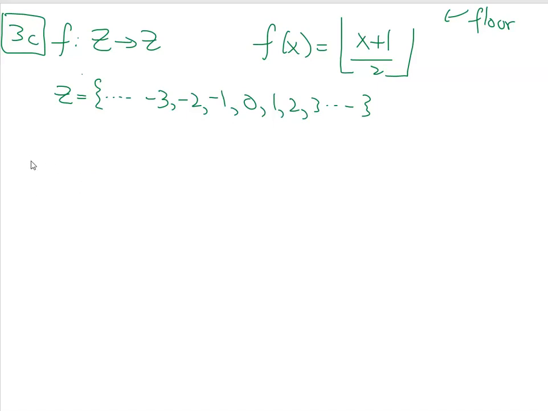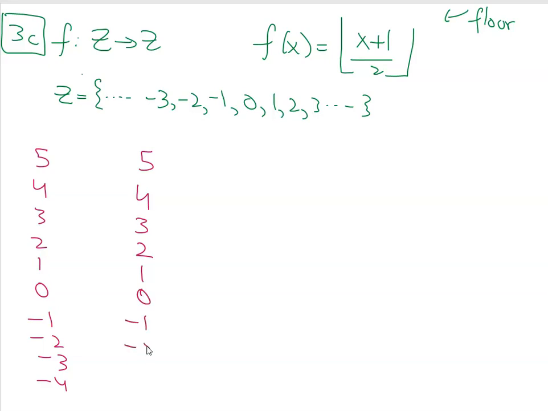So let's start with 5, 4, 3, 2, 1, 0, -1, -2, -3, -4. And again, you don't have to write all these numbers down. You just need a few numbers to see a pattern. So 5, 4, 3, again it's Z to Z. So again, I'm going to write the same numbers: 2, 1, 0, -1, -2, -3, -4.